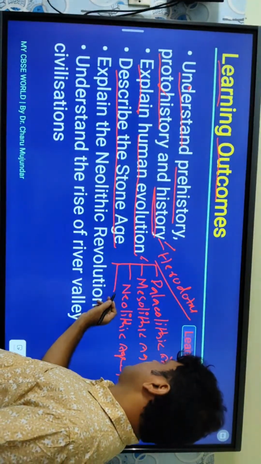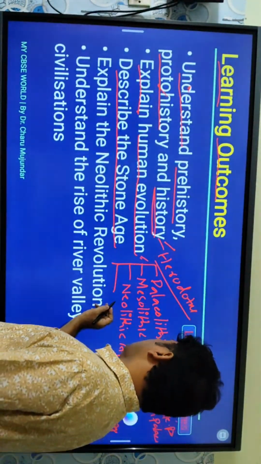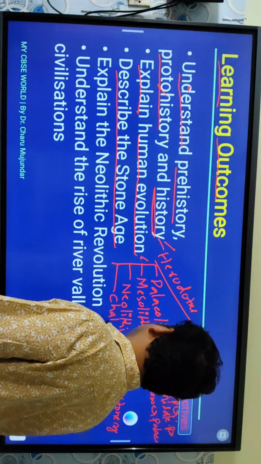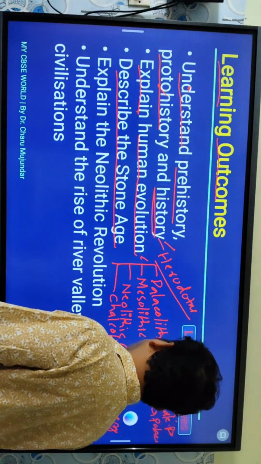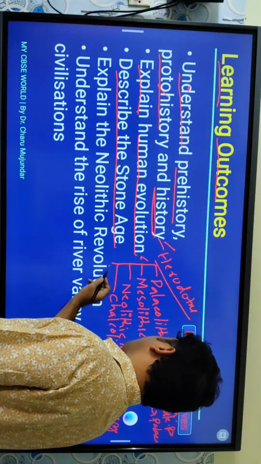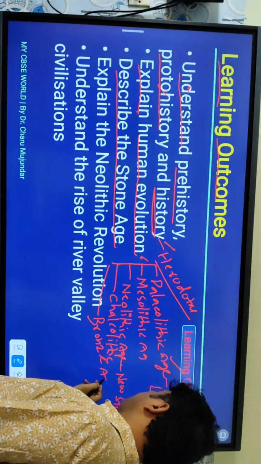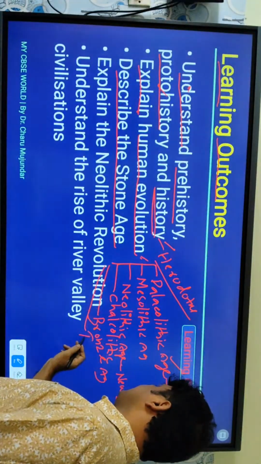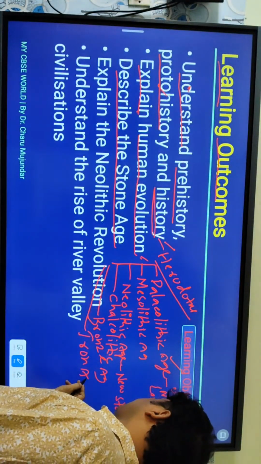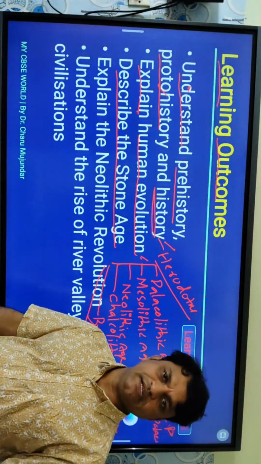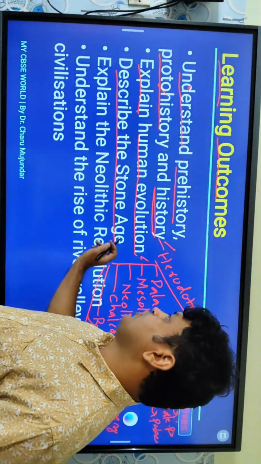After Neolithic we have the Chalcolithic age, and then the Bronze Age. Then we have the Iron Age. After that, the Harappan Indus Valley Civilization started. So, describe the Stone Age.